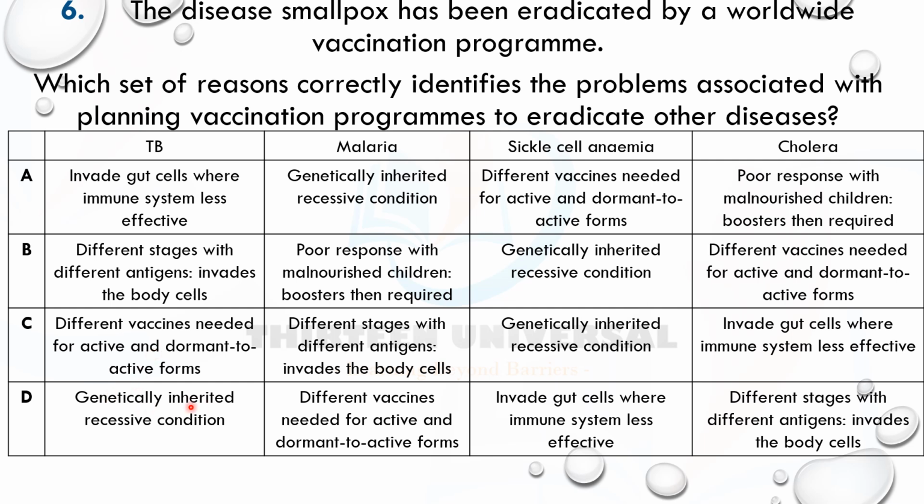Genetically inherited recessive? No, TB is not genetic, so C is the answer. Let's check C again. Malaria, different stages with different antigens, correct. Sickle cell anemia, genetically inherited recessive condition, correct. Cholera invades gut cells where the immune system is less effective, antigenic concealment. So C is the answer.